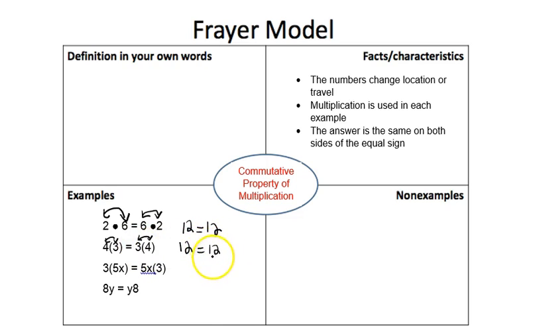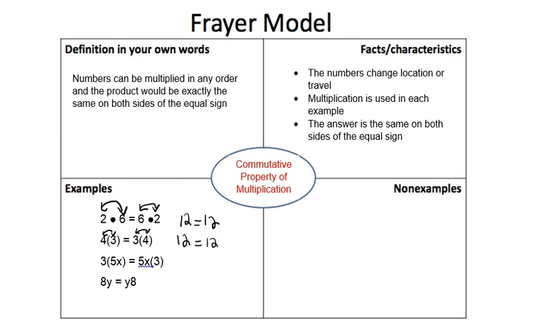So no matter what, whatever order we multiply numbers in, we're always going to get the same product. Go ahead and come up with your own definition now of the commutative property of multiplication. The definition I came up with was numbers that can be multiplied in any order, and the product would be exactly the same on both sides of the equal sign.